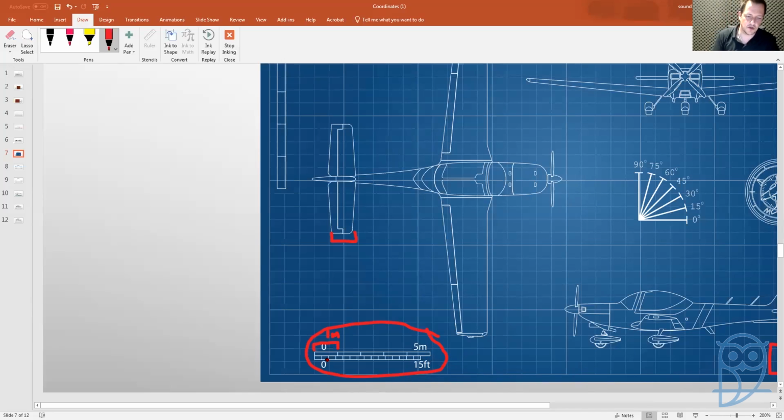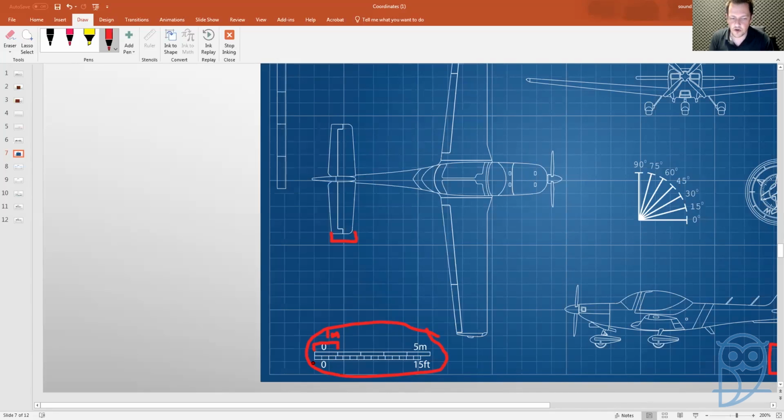You'll see here that there's 1, 2, 3, 4, 5, 6, 7, 8, 9, 10, 11, 12, 13, 14, 15 blocks. That distance from the beginning up to here is 15 feet in real life, which means each little block represents 1 foot. And 1 foot, in case you weren't aware, is essentially a 30-centimeter ruler. That's where the term a foot-long sandwich comes from, because it's meant to be 30 centimeters long.